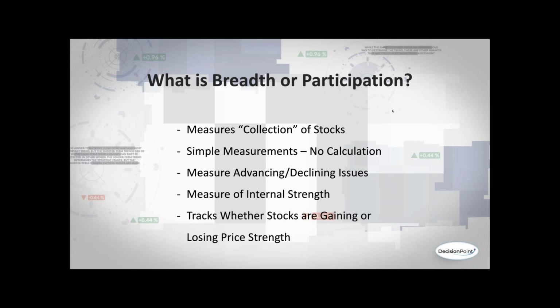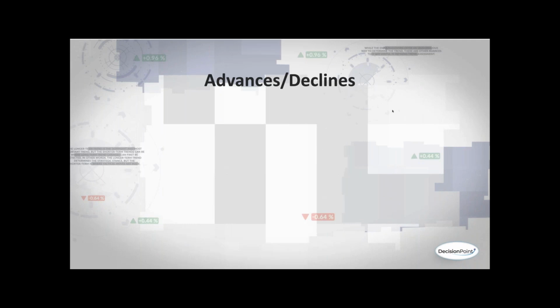It also will track whether stocks are gaining or losing price strength. That's pretty much what we're trying to find out. Within this collection of stocks, how many are rising, falling, what the volume is for them, different ratios you can use. So for advances and declines, we look at the number of advances divided by the number of declines. That's actually the advance-decline ratio.